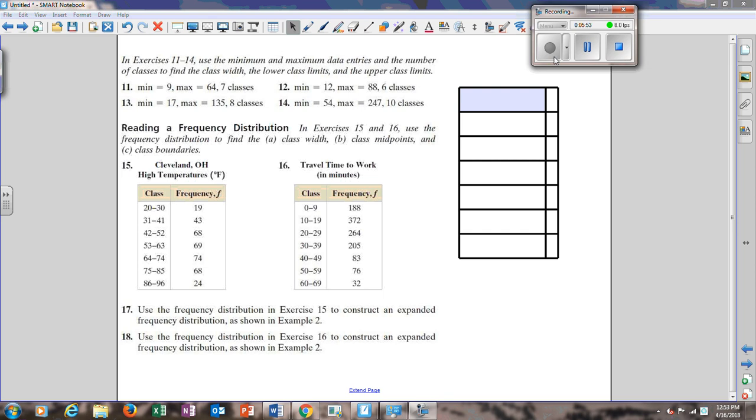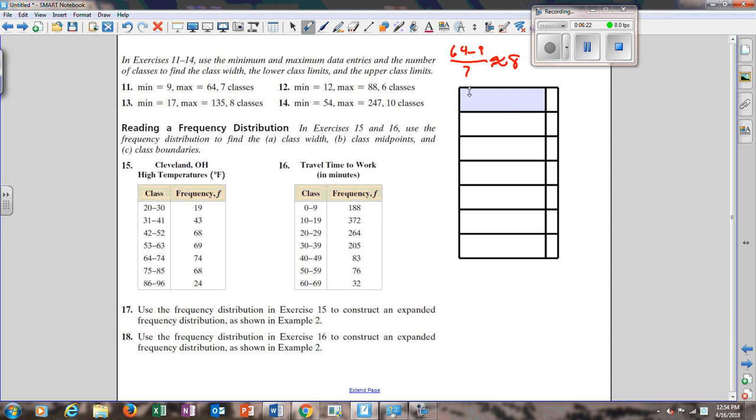Okay, so to find the class width, I do my max minus my min, so 64 minus 9, divided by my number of classes, which is 7. That gives me about 7.8, which is approximately 8. So my class width is 8.